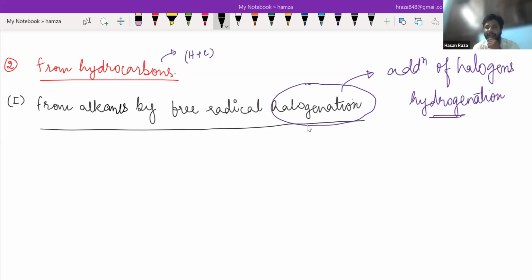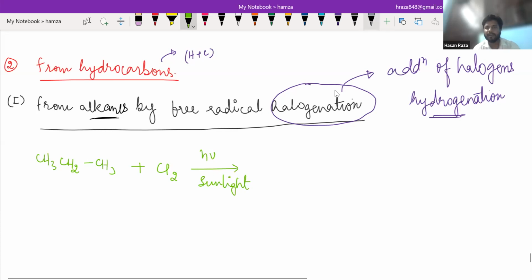So we are going to add halogen in alkanes. So see, this is the method how we are going to prepare. We have CH3, CH2, CH3. This is alkane, that is propane, reacting with Cl2 in the presence of h nu, that means sunlight.